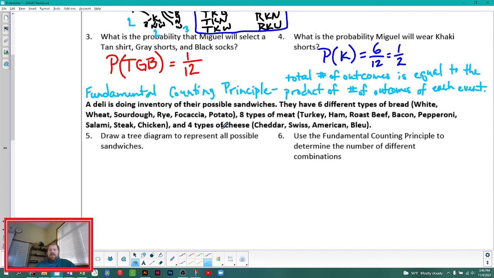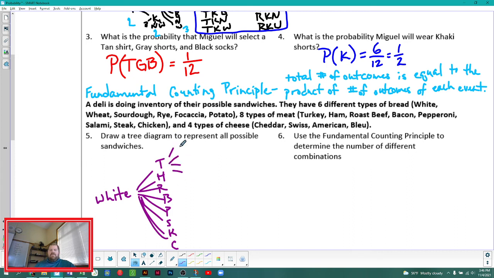They have 6 types of bread, 8 types of meat, and 4 types of cheese. If we just look at what they can do with white bread, then 8 types of meat, let's say turkey, ham, roast beef, bacon, pepperoni, salami, steak, and chicken, you can see how my tree diagram, just for white bread, keep in mind there's 6 types of bread, 8 types of meat, and then for each one of these, there would be 4 types of cheese.